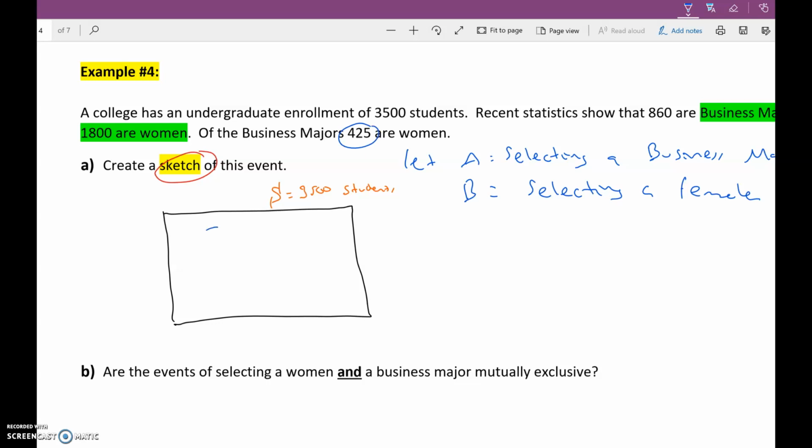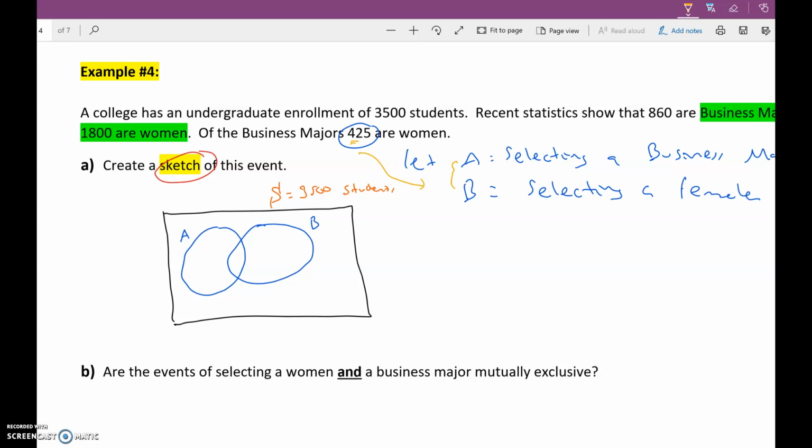So let me put the circle here, A, and this circle as B. Now, your Venn diagram has to have the totals. So your actual totals are, in this case, intersected by 425, which happens to be between these two events.